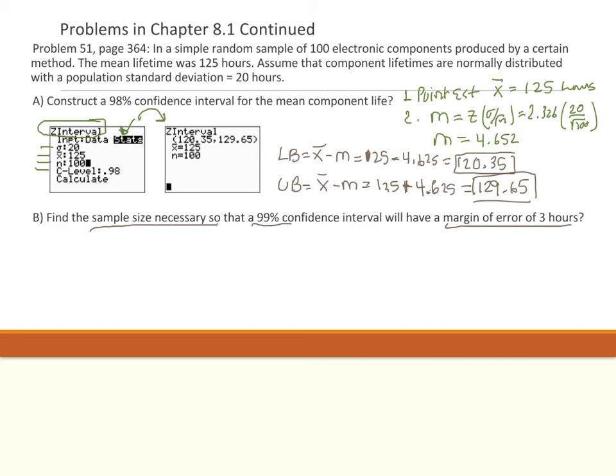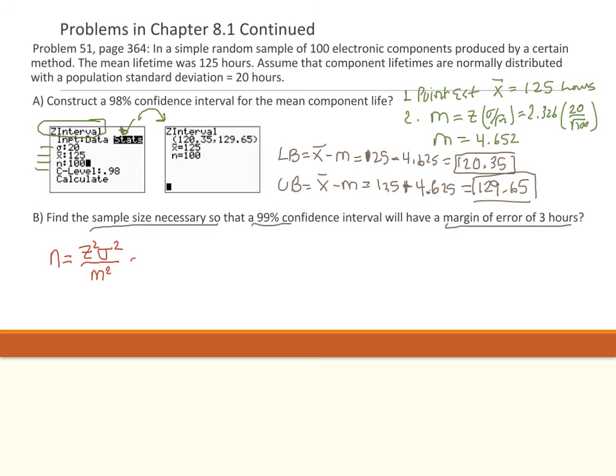So in class we discussed the formula, which is n is equal to z squared times sigma squared divided by the margin of error squared.